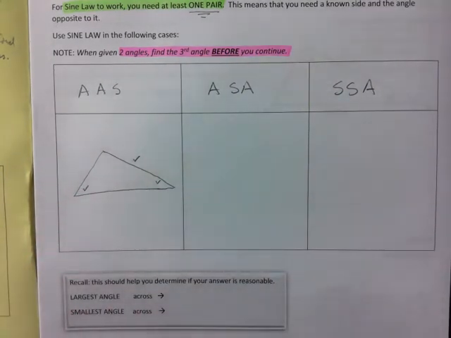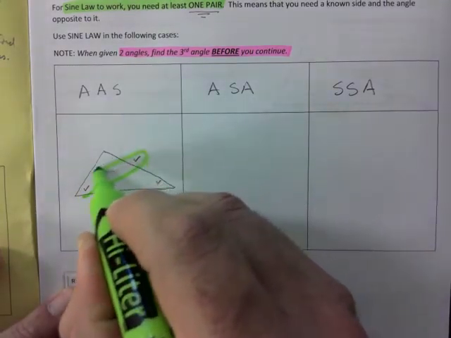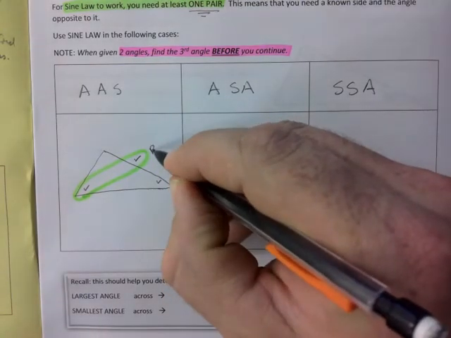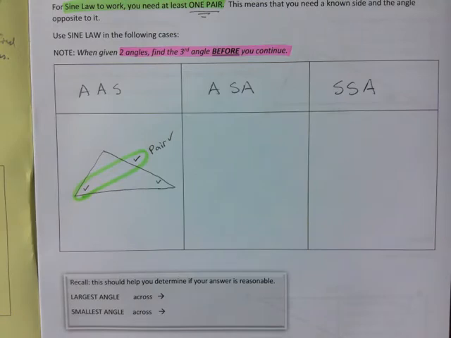I use green to highlight one pair, right? So I'm going to use green, but you should see that pair. Right. So you're like, bingo, there's a sine law. Mr. Dirksen talked about pair. He didn't stop talking about the pair. So there's a sine law, right?